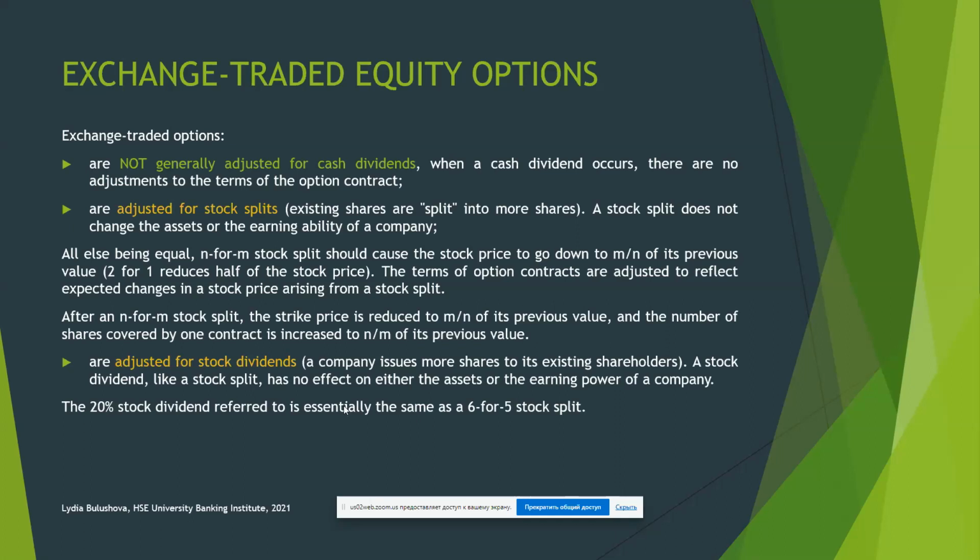As for stock dividends, there are two types of dividends: cash dividends and stock dividends. If a company announces stock dividends, some new shares are issued, and options are adjusted.